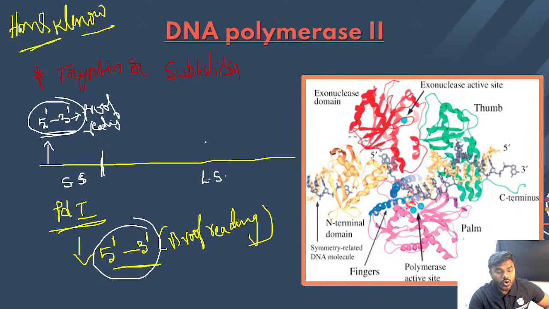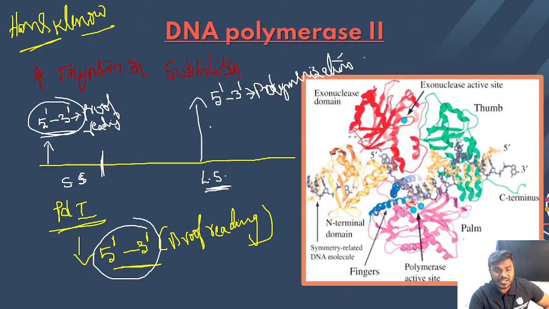Next, you people have to understand one more important point. If you look at the large segment, it is the one which is involved in the 5' to 3' polymerization.